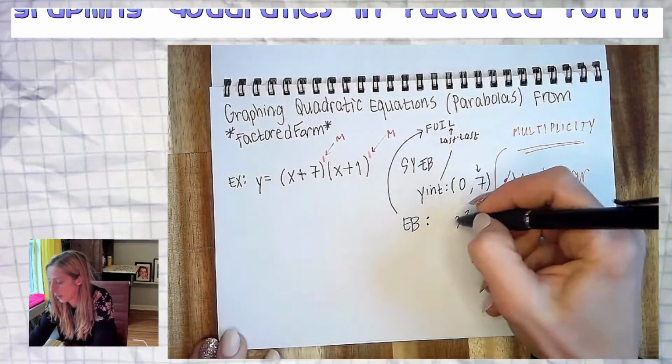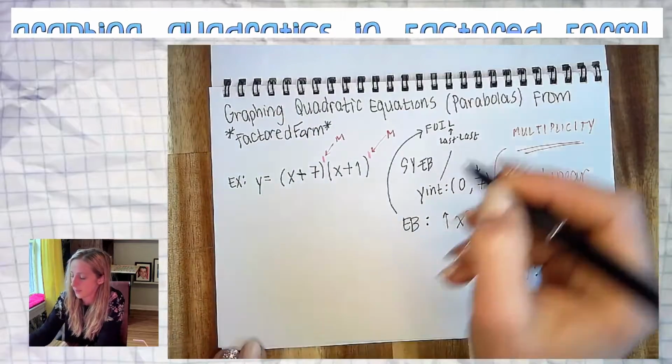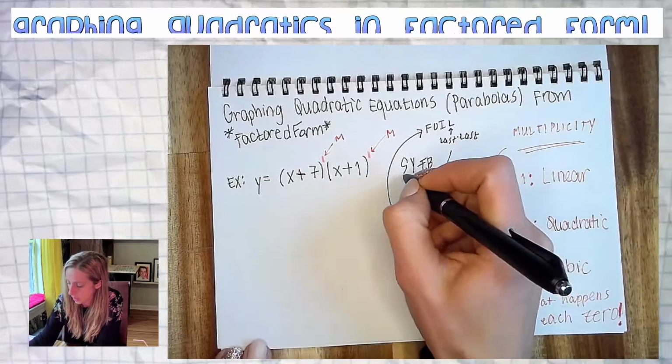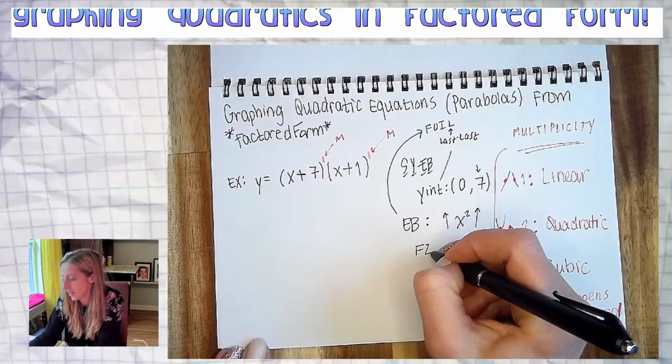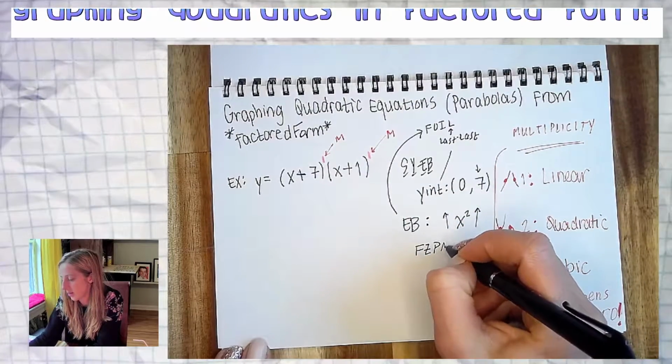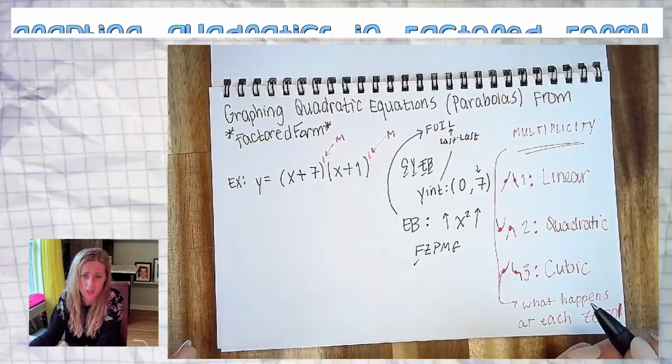Good. It's going to be up on the left and up on the right. Up and up. All right, good. So we're moving along. Stinky, yetis, enjoy, ballet, fuzzy, zombies, play, mind, games. Factored form, check. That's how it was given to us.